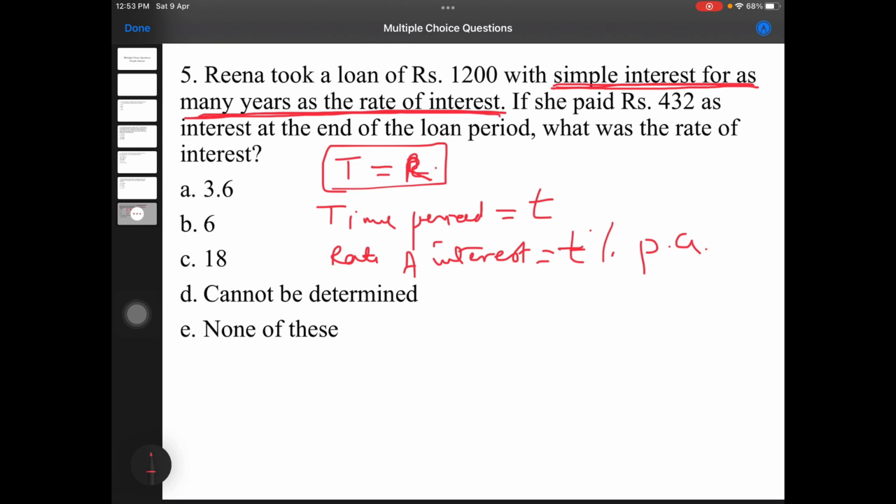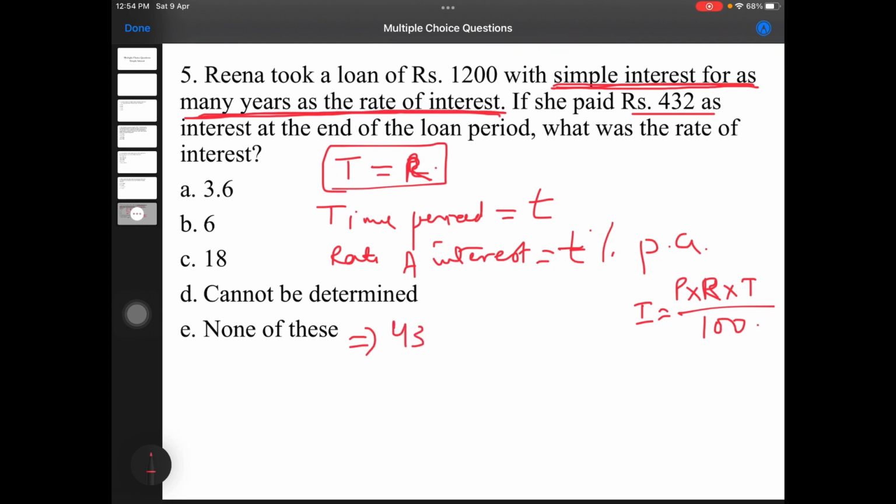That means the time period is equal to the rate of interest. So we know the formula for interest: principal amount multiplied by rate of interest multiplied by time period divided by 100. So the interest which she paid, rupees 432, is the interest she paid at the end of her loan period.